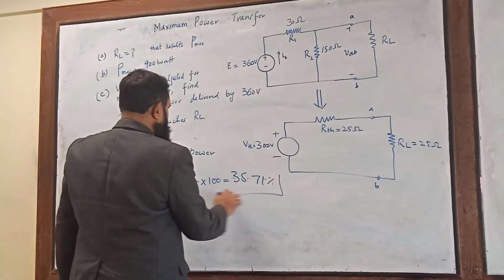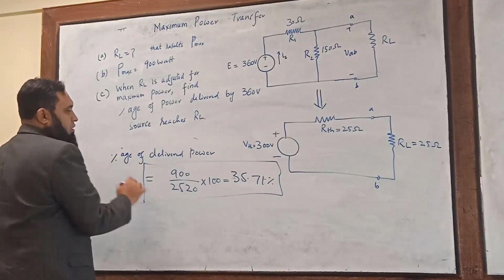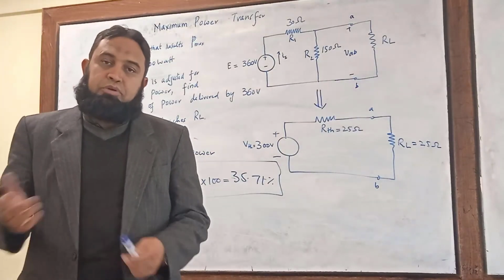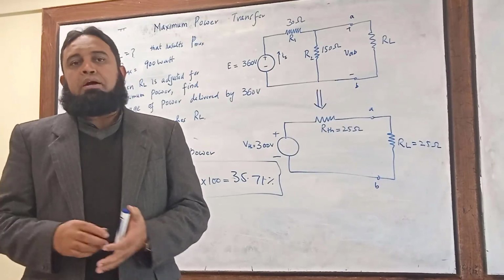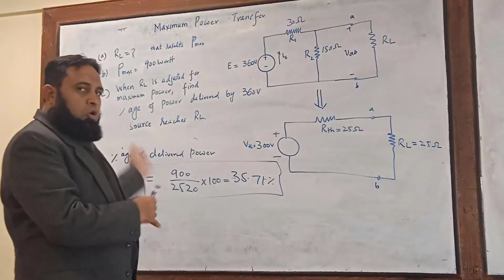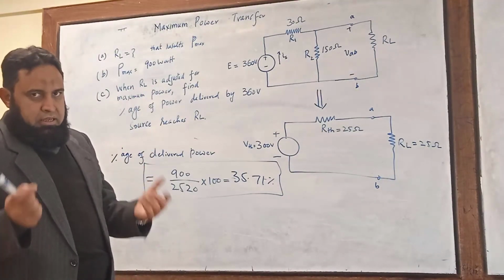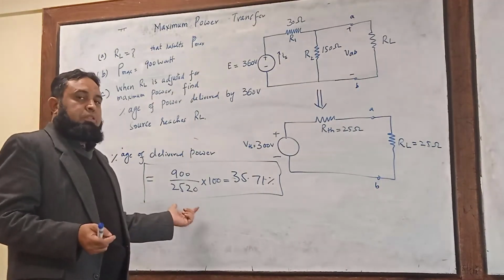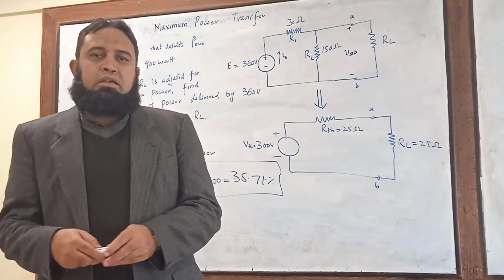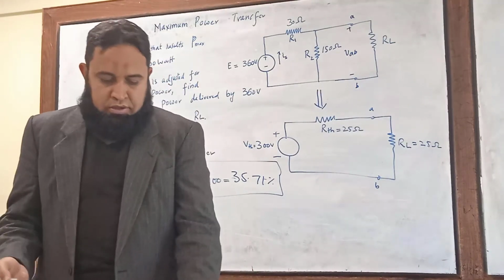So 35.71% of the power is delivered to the load. This is how you compute the percentage of the maximum power delivered to the load. Ideally, the whole power would be delivered to the load, but this is not the case in practice. That's why you have to compute the percentage power. We will solve another example in order to explain maximum power more clearly.